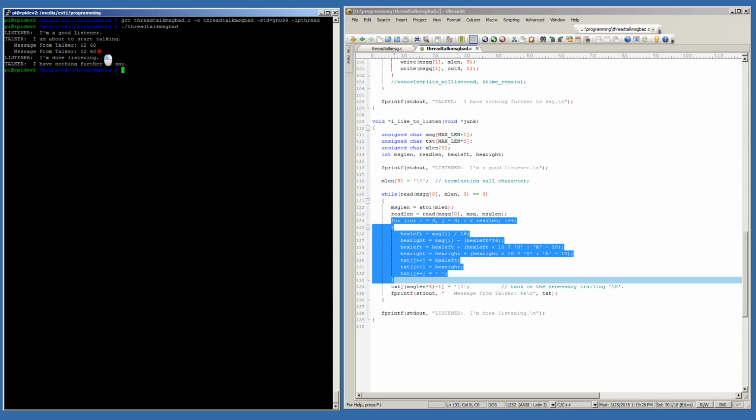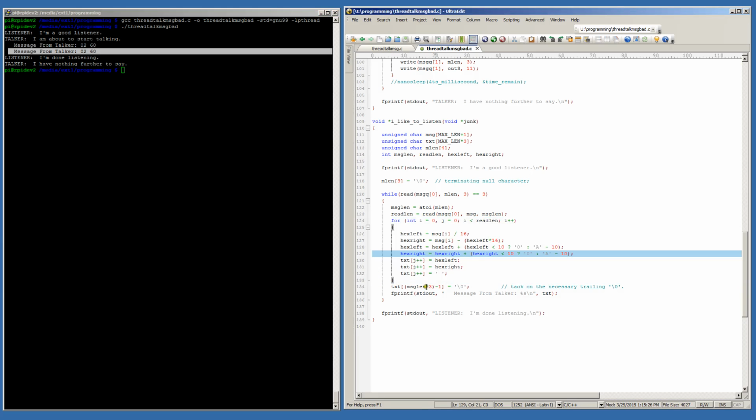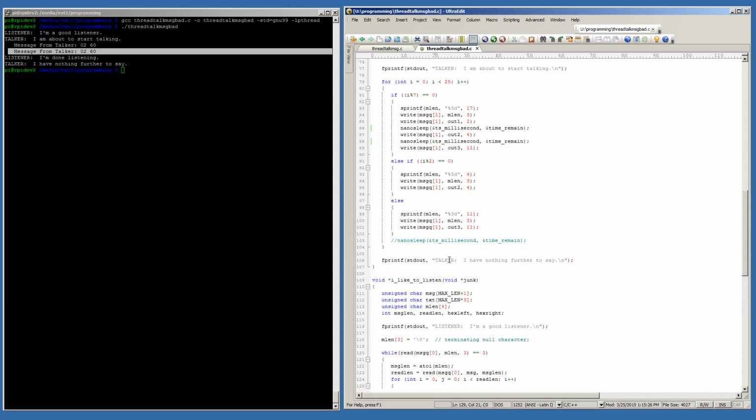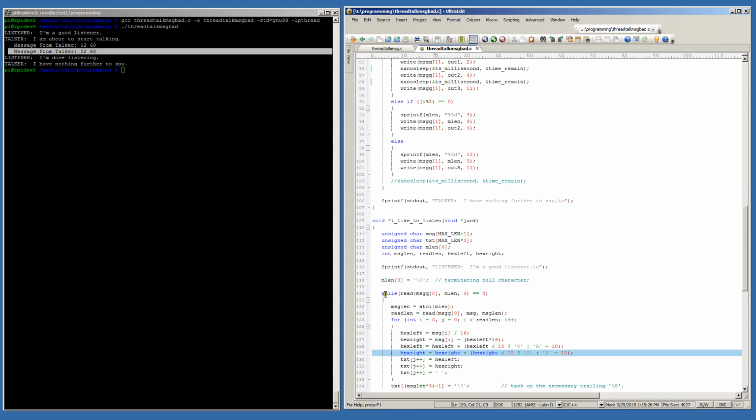Then the question might come: why did it do it again? Why did it print the same message twice? The reason is because what is now in the pipe is the next 4 characters. And the system interpreted the first 3 of those as the message length, but when the atoi function, or ASCII to integer function, converted those into an integer, they were converted to a value of 0.